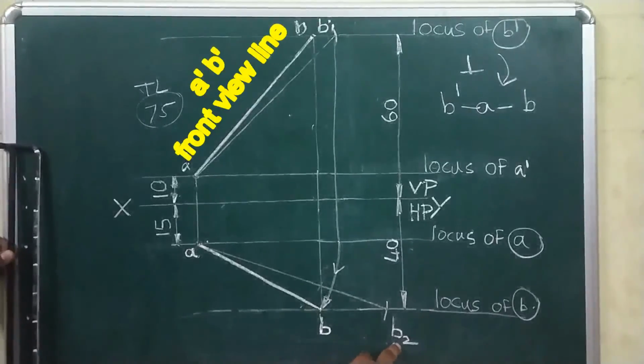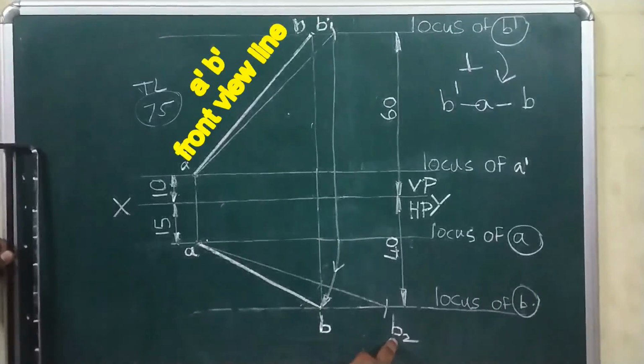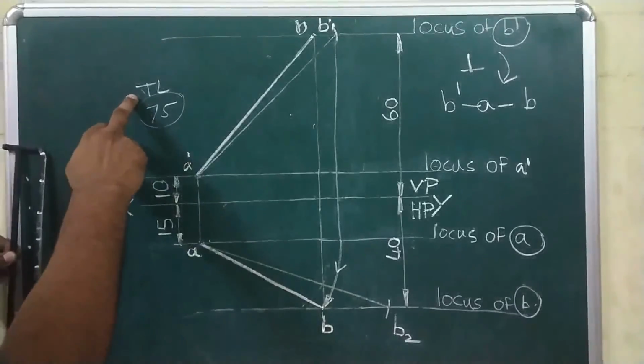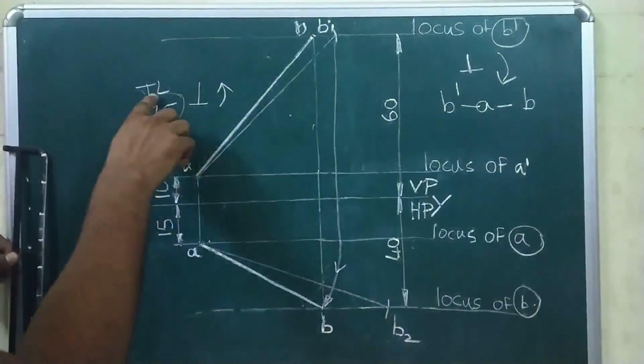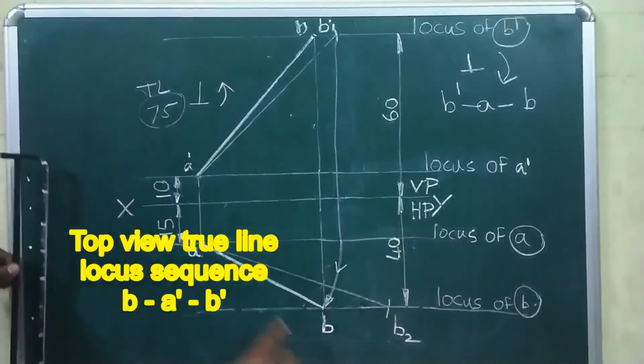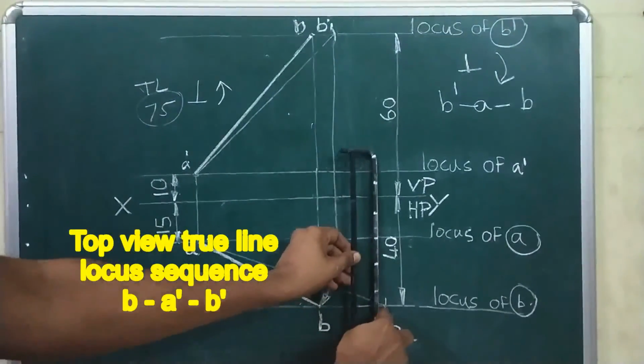I am going to use the true line end, that is, from B2 I am going to complete the diagram. From B2, draw one perpendicular line up to the locus of A dash, then rotate that line.